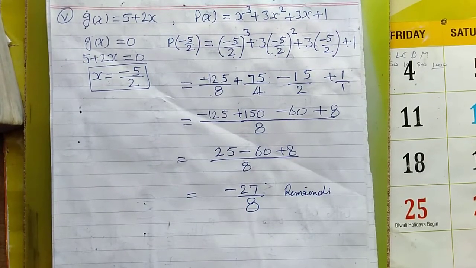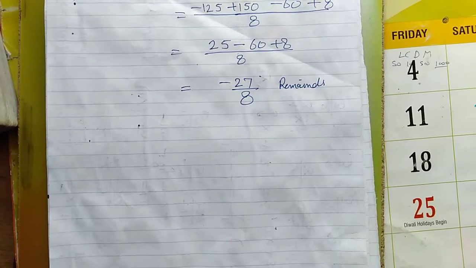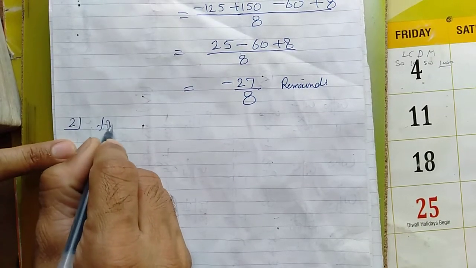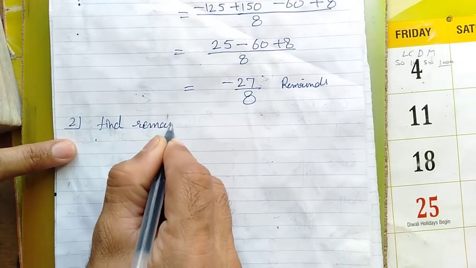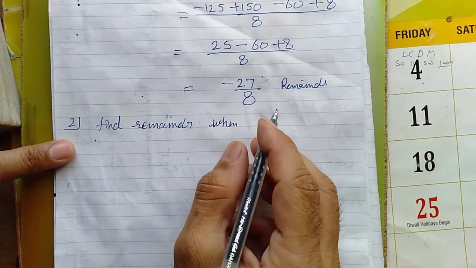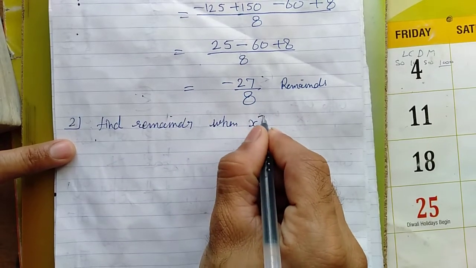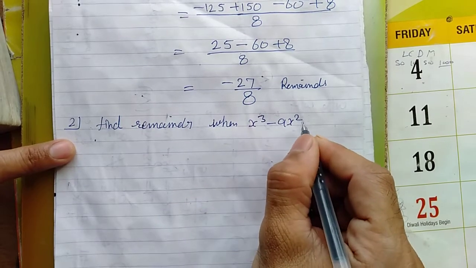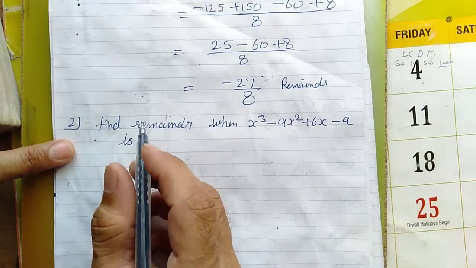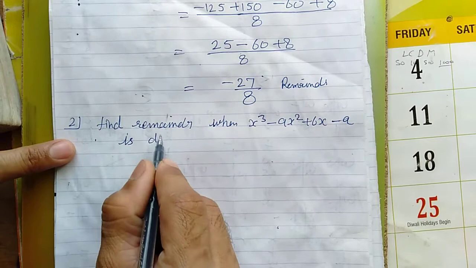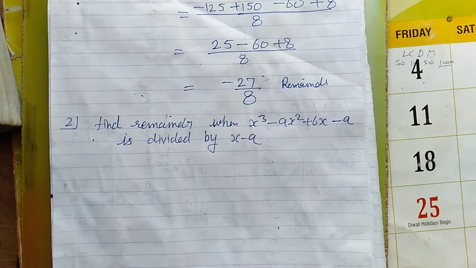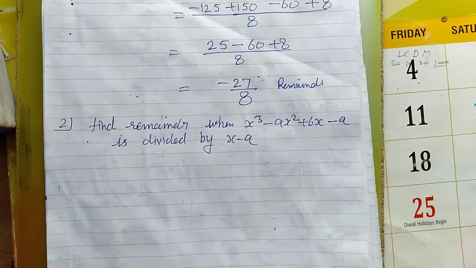Okay, so now we will do the next question, and the next question is number 2, that is find the remainder when the polynomial x cube minus ax square plus 6x minus a is divided by x minus a. So by the same method we will do it.